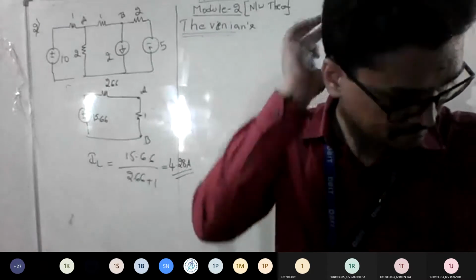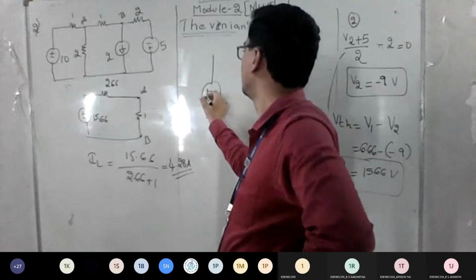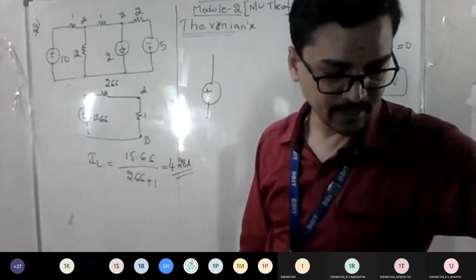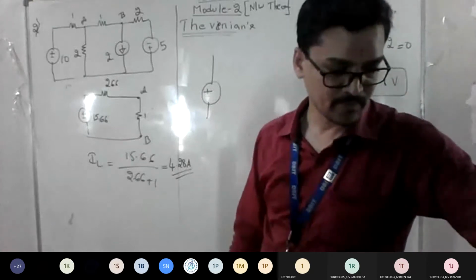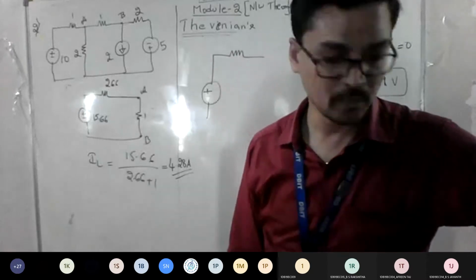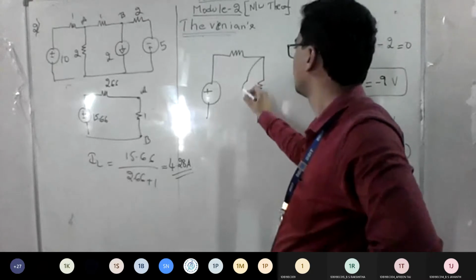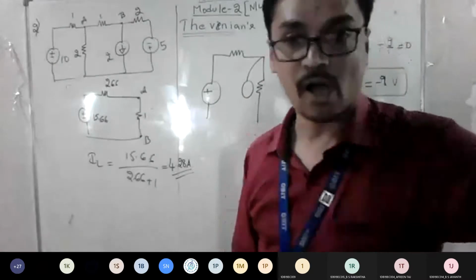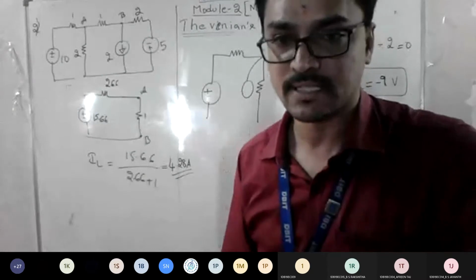For the network shown below, find the current through the 13 ohm resistor using Thevenin's theorem, and also find its equivalent Norton circuit.